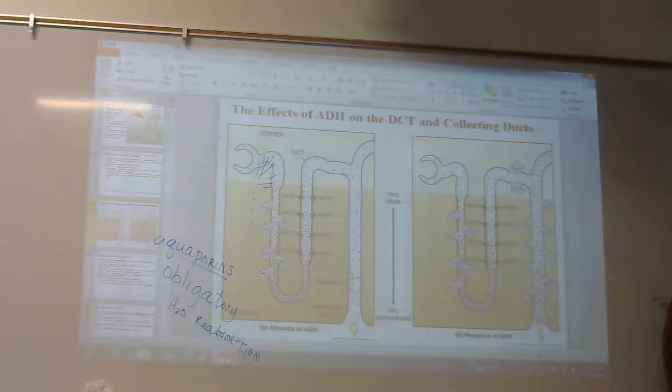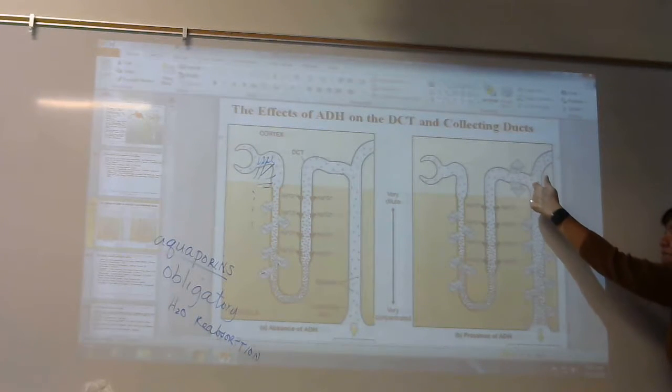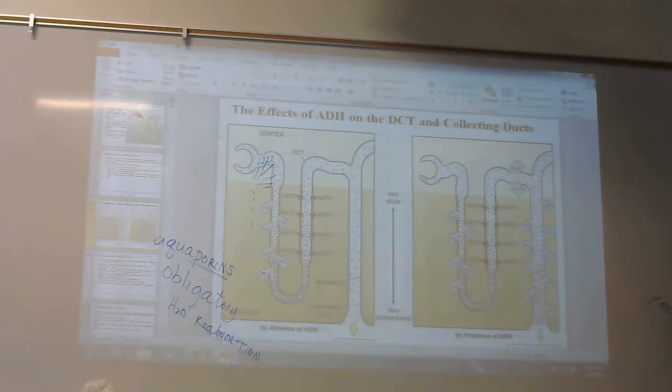your pituitary secretes antidiuretic hormone, remember that? And that antidiuretic hormone, remember we say the target is the kidney to conserve water. Here is where antidiuretic hormone comes into play, right here. So when you're dehydrated, you need to conserve water. So what happens is antidiuretic hormone is released by my pituitary.